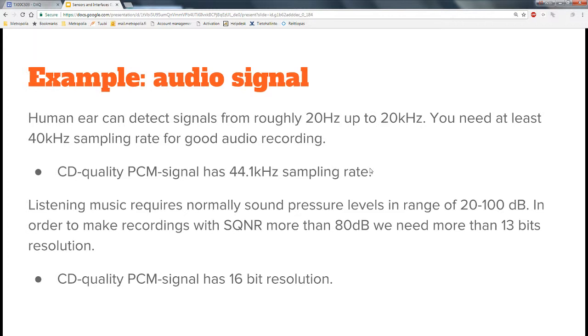So historical reasons, CD quality PCM signal, and of course the sampling rate and that resolution were also a compromise to fit one full long play album on a CD, the original CD.